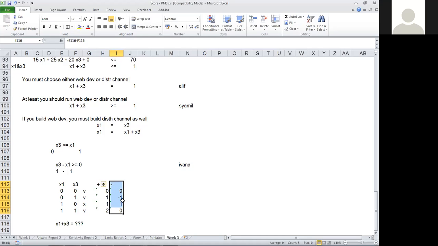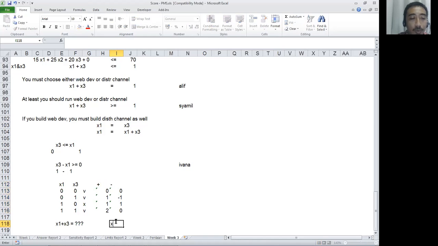Less than or equal to what? That means x1 minus x3 less than or equal to what is the okay? 0, sir. 0. That's right. As you can see, the okay is less than or equal to 0.